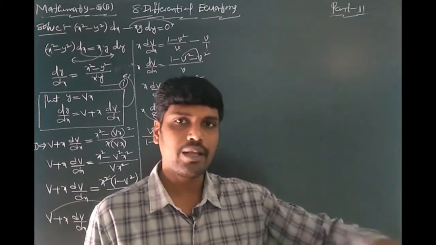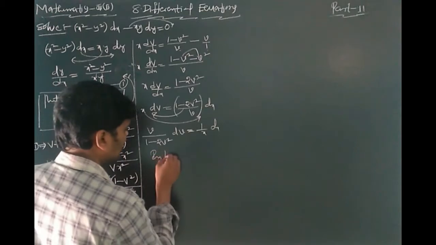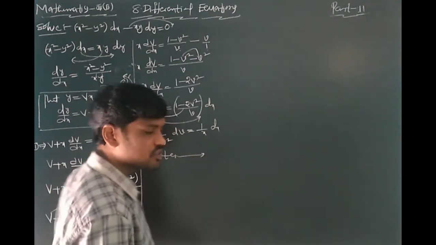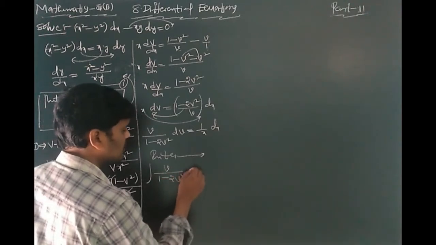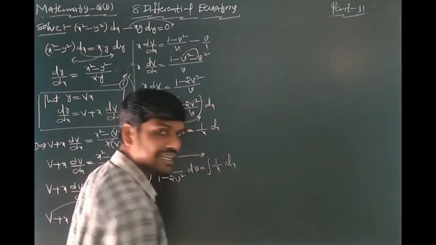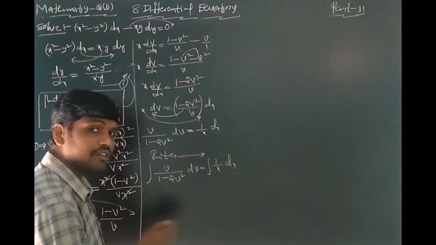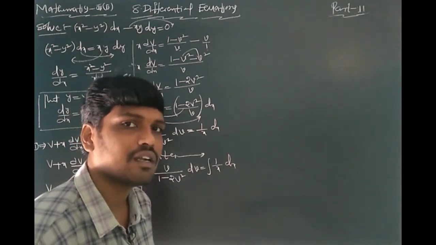Variables are separated. After that, integration on both sides. Integration on both sides, you get what, students? Integral of v by (1 minus 2v square) dv is equal to integral of 1 by x dx. See students, is the derivative of this denominator the numerator or not? Check.